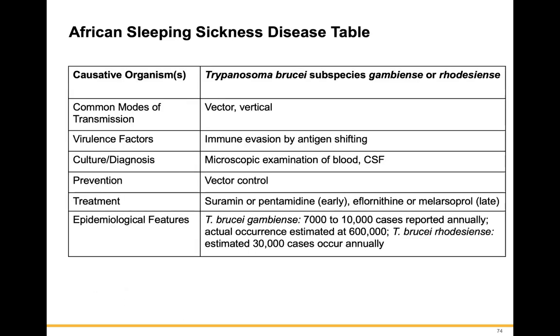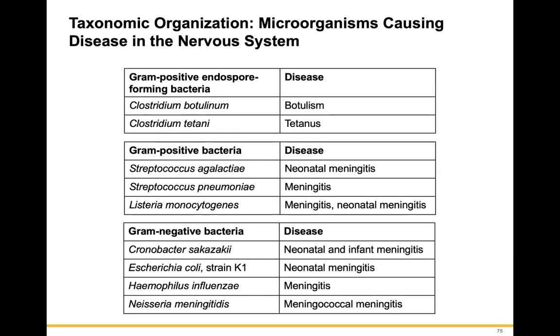And here is the table for African sleeping sickness. And then finally, this is the table that summarizes. We saw this at the end of chapter 18, and you'll see it at the end of every chapter. Essentially, it's the taxonomic organization of microorganisms causing disease in the nervous system.